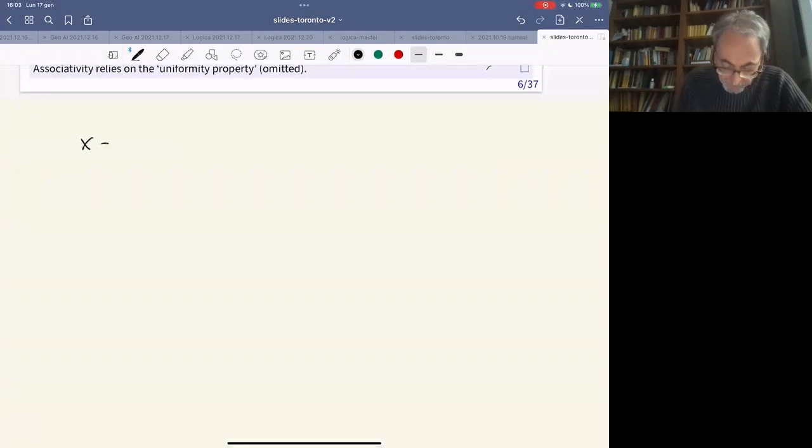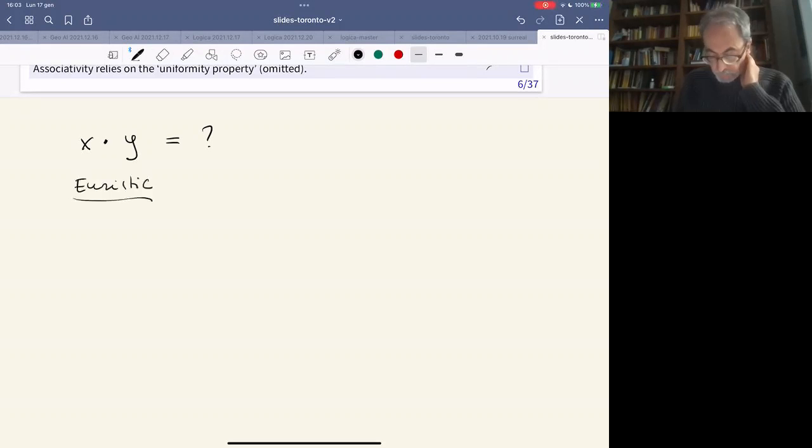How do you define x times y? Okay, you start with some observation. Take, for instance, you would like an ordered field at the end. So let's consider something like x minus xl.